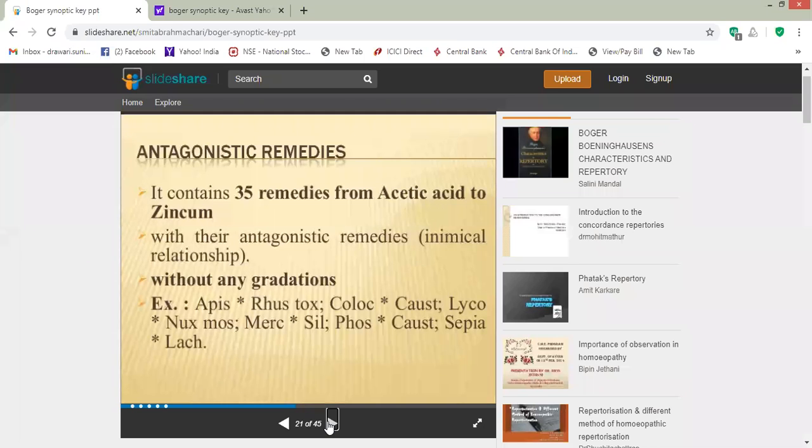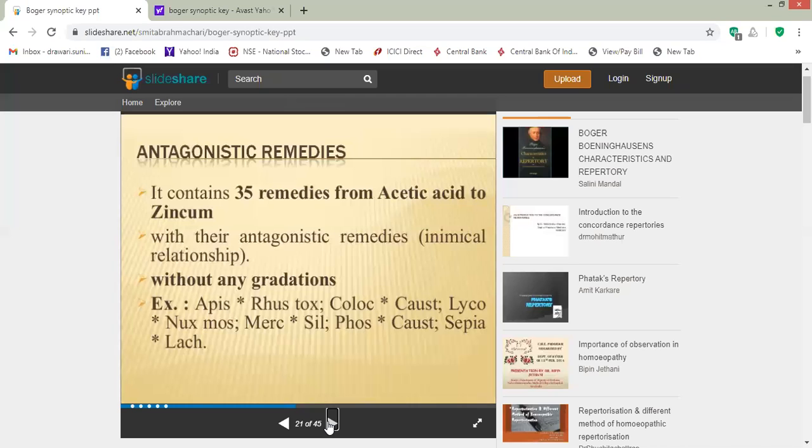Then antagonistic remedies. What are antagonistic remedies? Anyone? There are about 35 antagonistic remedies.